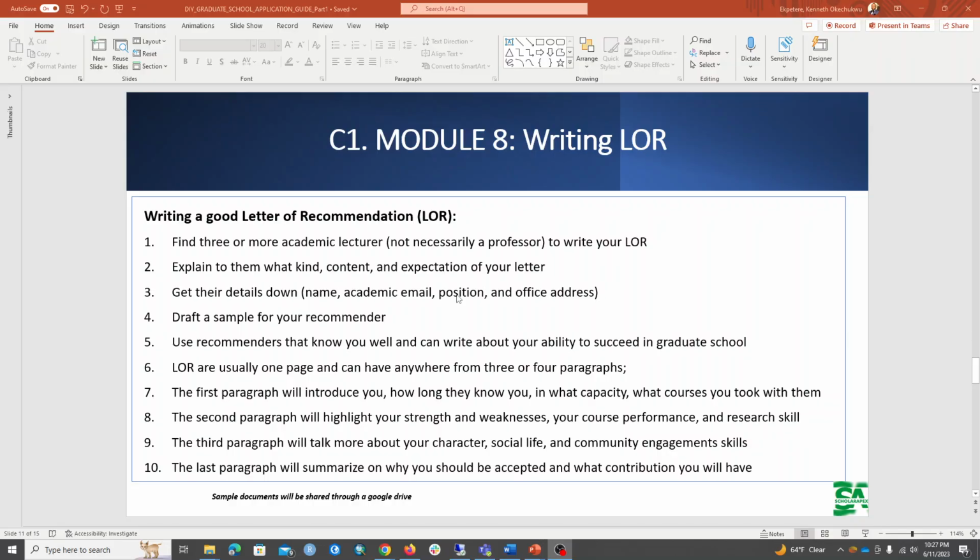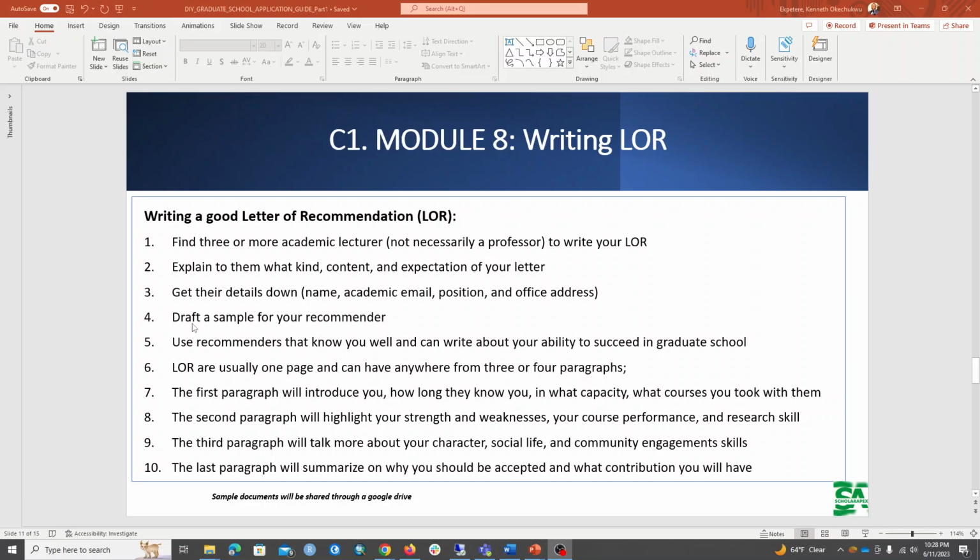Are they the exam officer? Are they student advisor? Are they holding any office? If no office is fine, you can leave it. You can just say they are senior lecturers, assistant lecturers, or just lecturers. It's also a position. You also want to get their office address, right? Where is the office address?